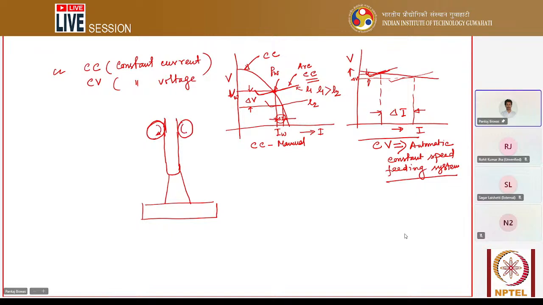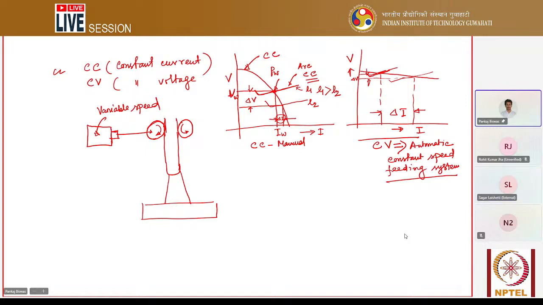This feeding mechanism is directly connected to an electric motor. This electric motor has a variable speed. What I am telling, understand?